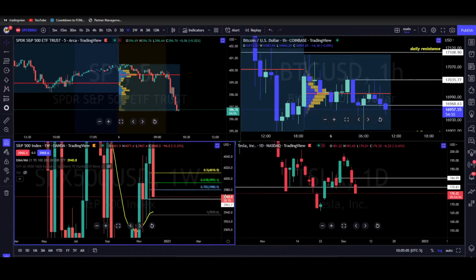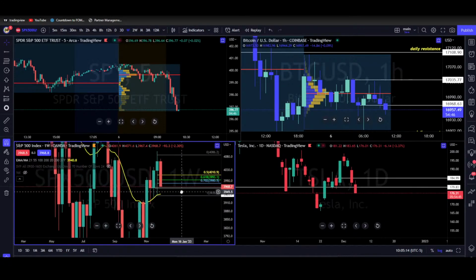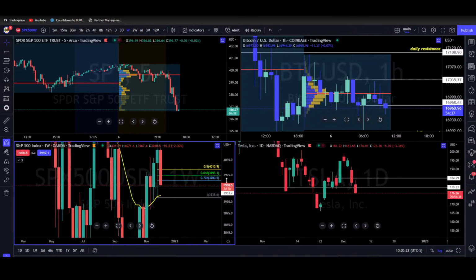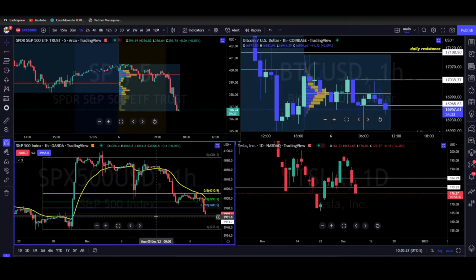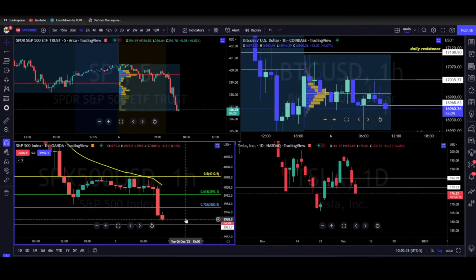So if you lose weekly support at the 21, then this doesn't look that bullish anymore, right? And if that is the case, well, we can't do it next week because next week we have CPI and FOMC. So every bit of this move this week could get faded. That's what I said at the beginning of the week.